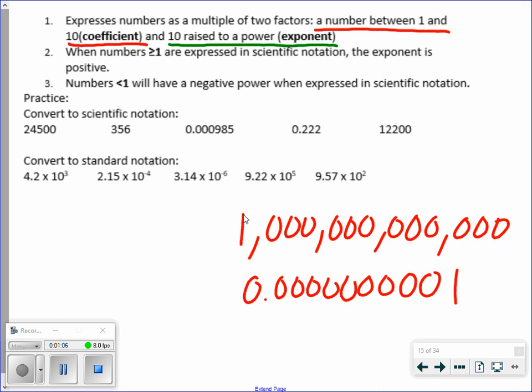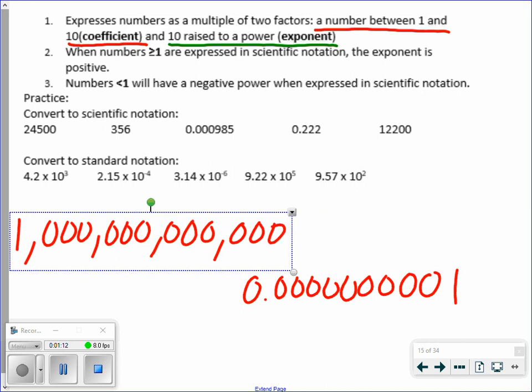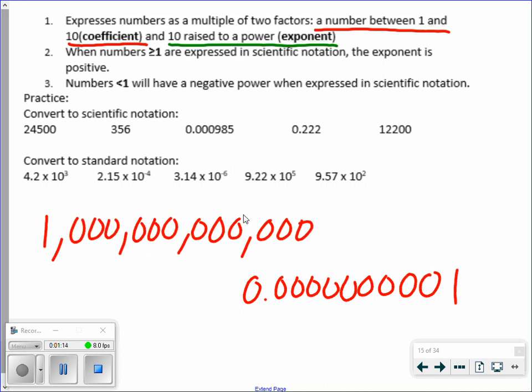So, for instance, if I did not want to write this massively long number, tell me firstly, where is my decimal in this number right here? After the very last zeros. Everybody agree with that? Okay, so my decimal is here.